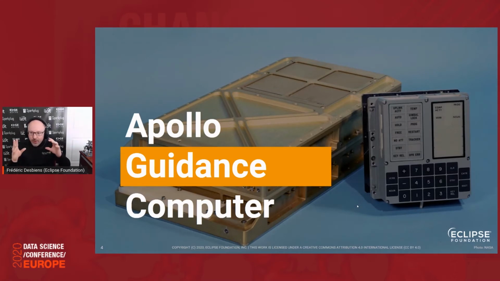But the computer was incredible because it was capable of multitasking. But not only that, if the computer ever rebooted, it was instantly able to restore the state of every one of the programs that were running, and to then restart every program in their order of priority. And that was a critical feature because throughout the missions that we will see, they had to restart that computer multiple times.